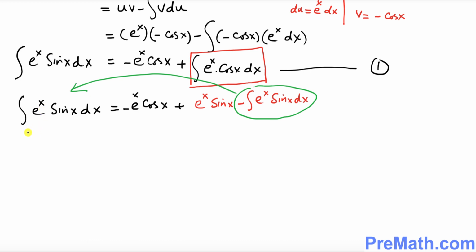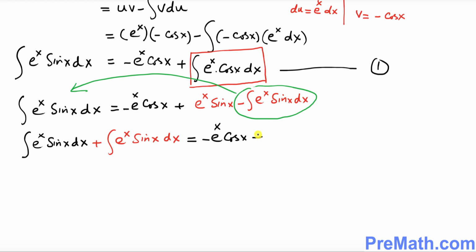So we already have this integral of e power x sine of x dx, and once I move this to the other side it becomes positive, the integral of e power x sine of x dx, and the right-hand side equals negative e power x cosine of x plus this, whatever we just put, e power x sine of x.